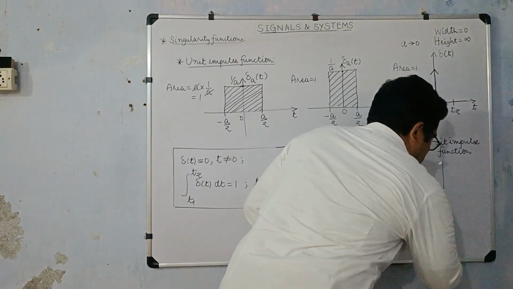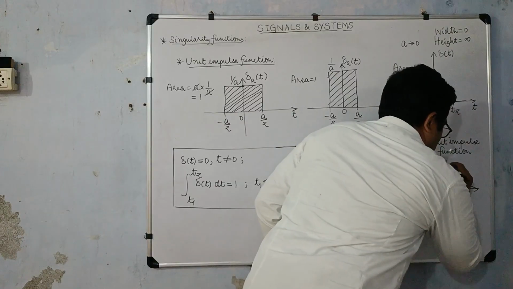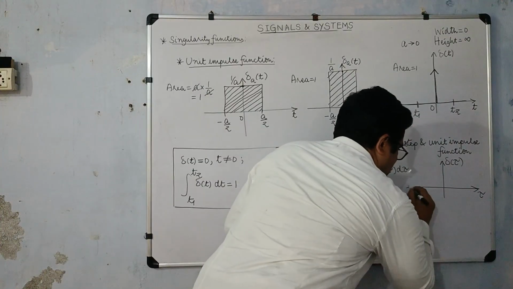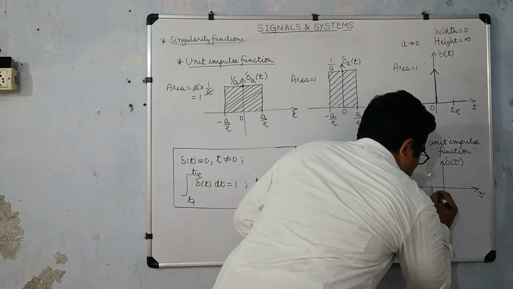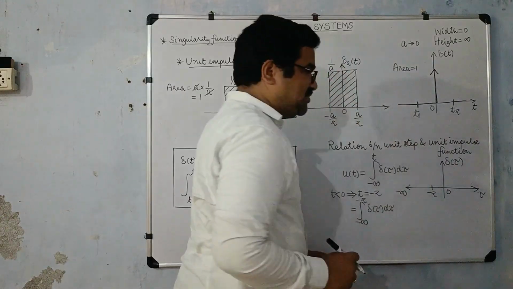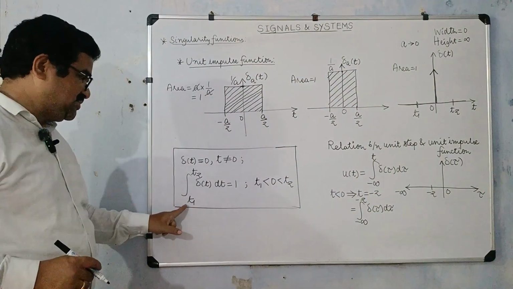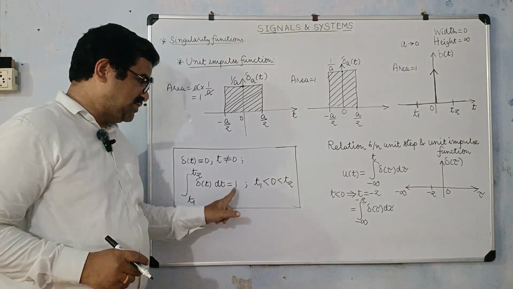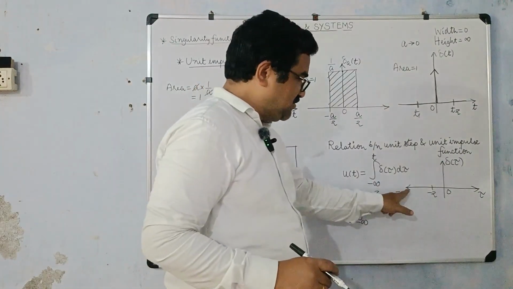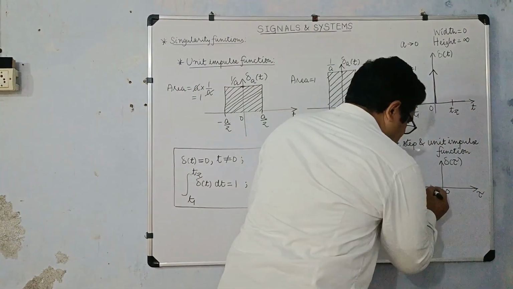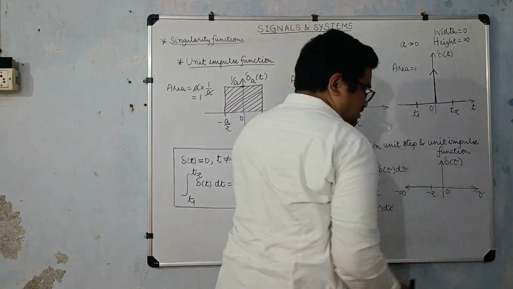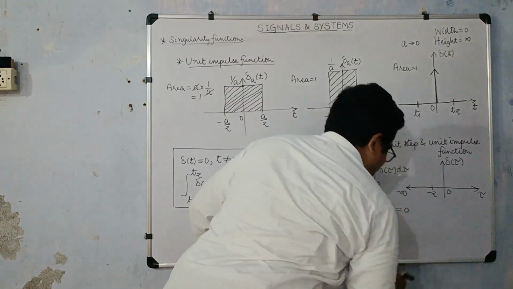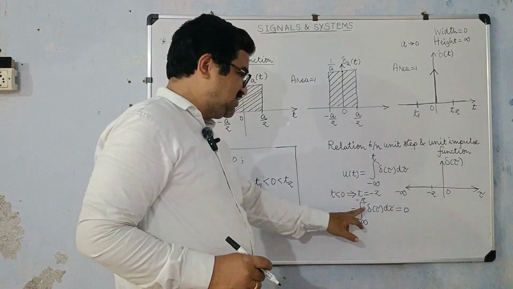If I take this as my time axis, this is my delta of tau and this is tau, and I am integrating somewhere from minus infinity to minus 2, but it is not covering 0. I have told you that when we are integrating between t1 and t2, it should include 0, then it will be 1. But there is no 0 between minus infinity and minus 2. So I am integrating between these two, and 0 is out of this interval. So what will be this integral? It will be equal to 0. So for t less than 0, it is 0.